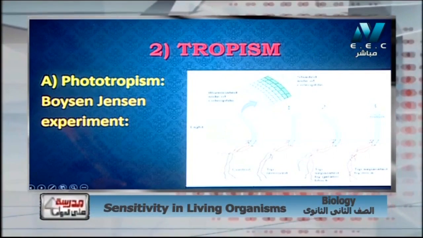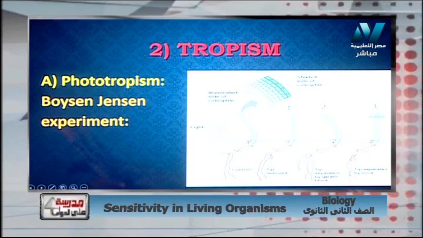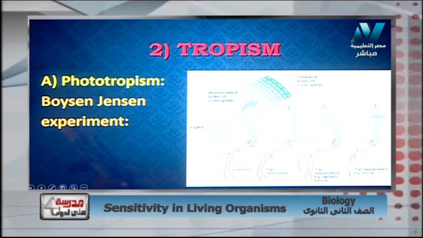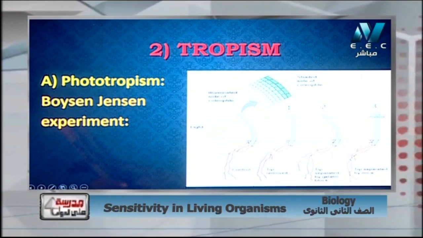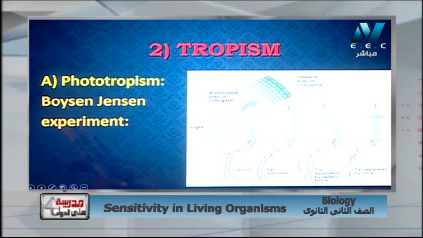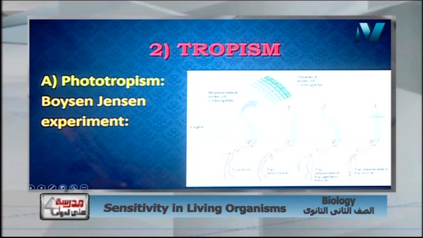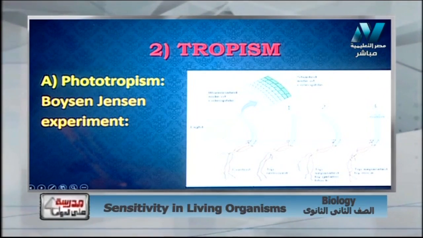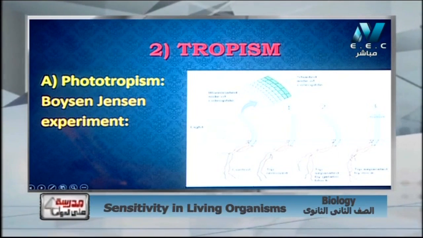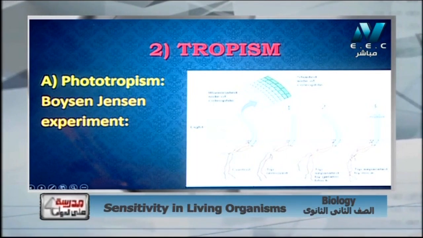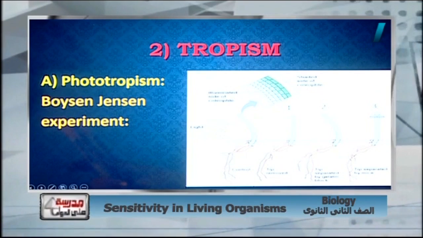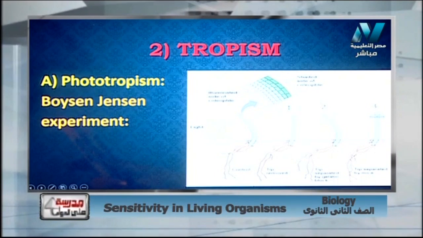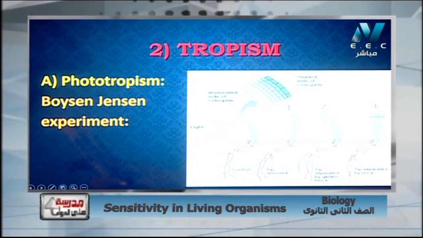This is the avena plant, and he allowed unidirectional illumination towards the seedling, and the seedling bends towards light like this. And when he cut the tip of the coleoptile, as you see in step number 1, the plant didn't bend towards light.